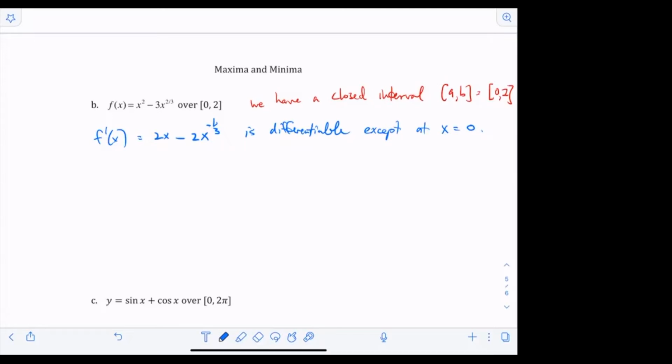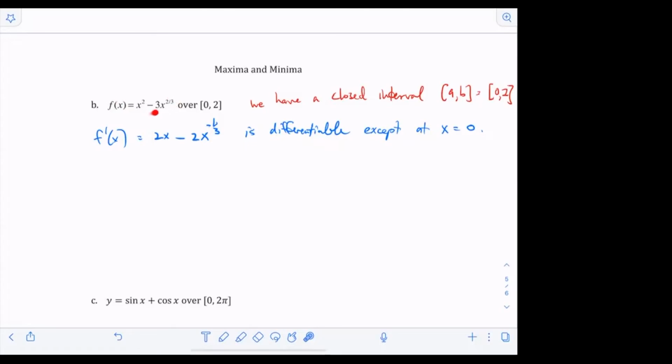So actually now this makes me a little bit nervous, because why is it not differentiable at x equal to 0? You can't have a 0 in the denominator over here. So actually, if you don't mind, let me just double check.